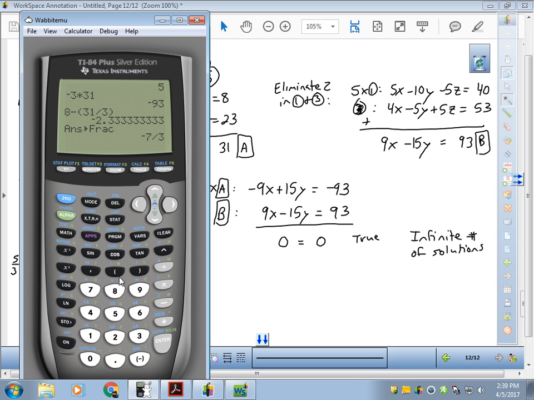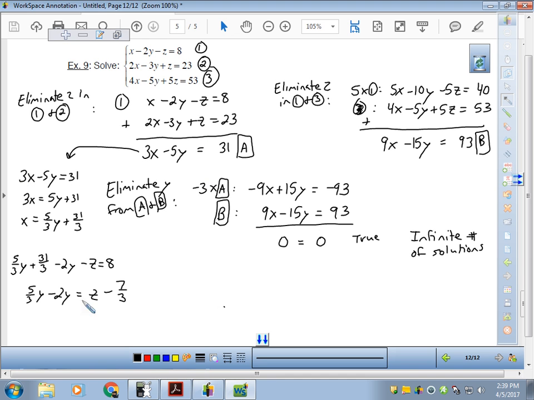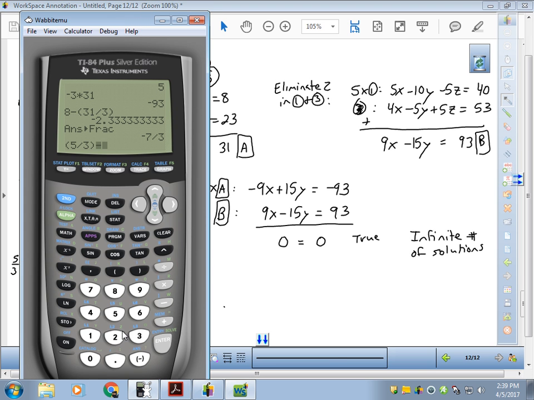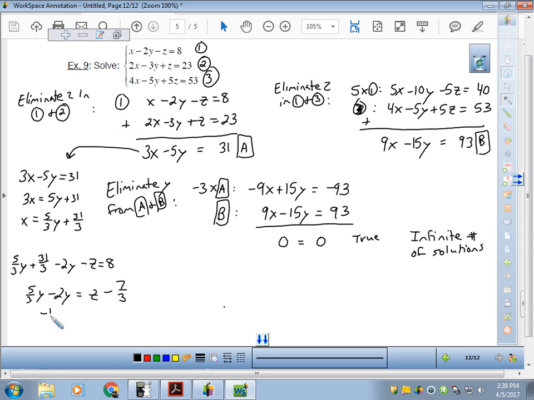So minus 7/3. I'd also like to combine those two together. So let's see, 5/3 minus 2, we'll change that back to a fraction. So that's negative 1/3 y equals z minus 7/3. Take this and let's multiply everything by negative 3.